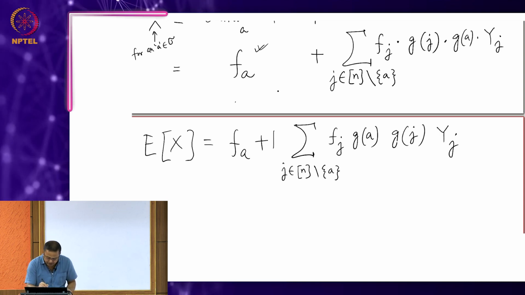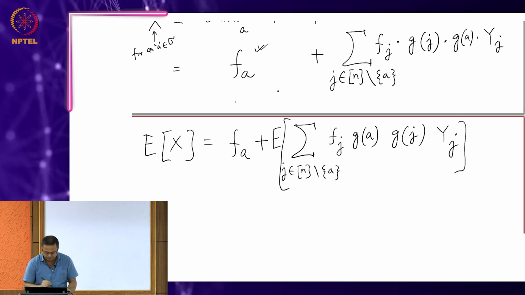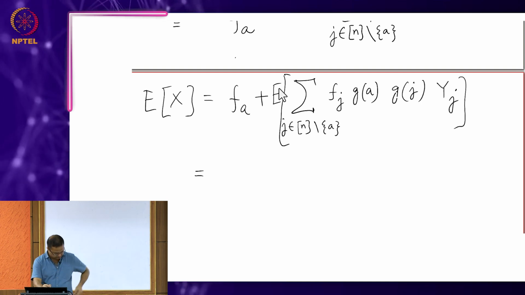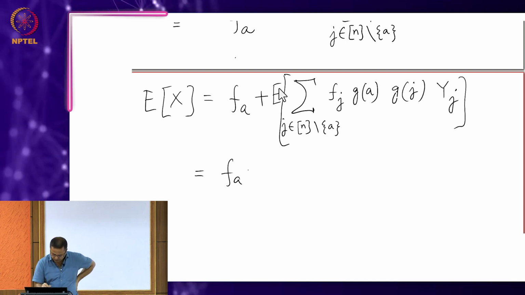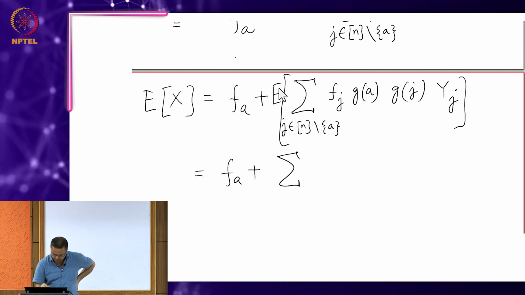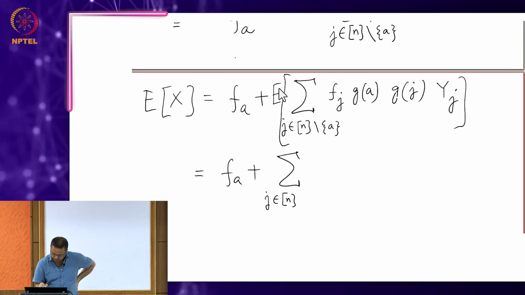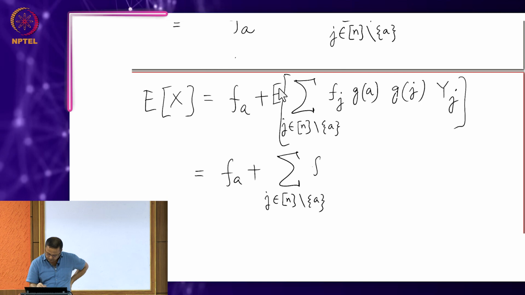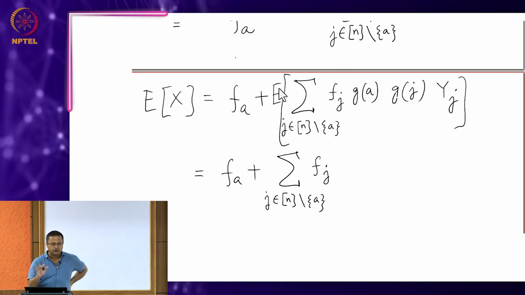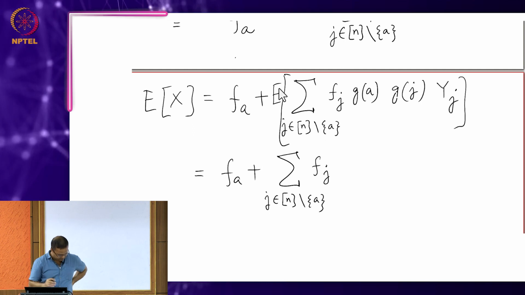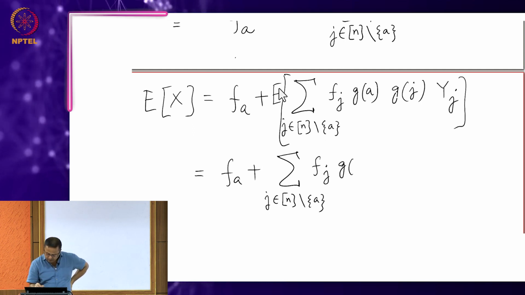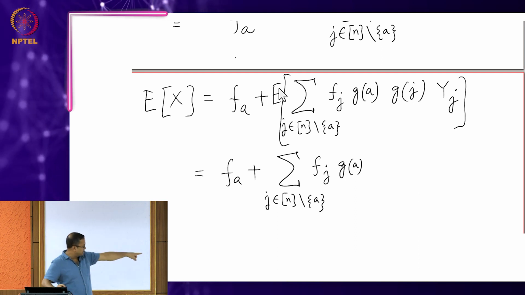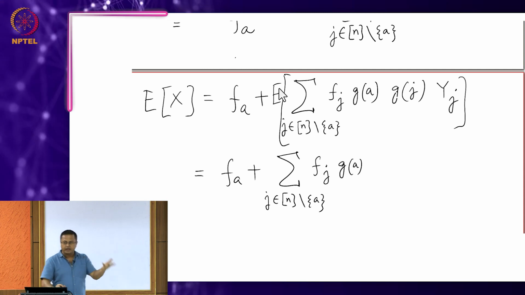So, you are taking expectations over this. Use linearity of expectations. Now, see, these fj's are constants. So, the frequencies are what they are. For this sum, gA is also a constant, because in here this is for all j's minus A. So, A is a constant for it.